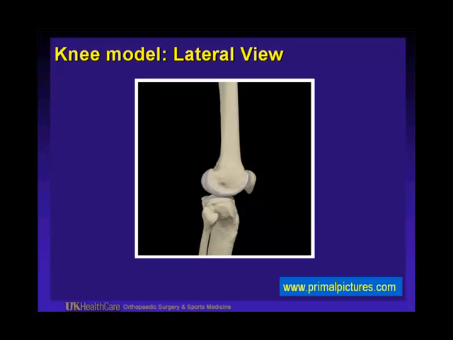Looking at the lateral side of the knee, take the patella away, add the menisci, add the interosseous membrane. Add the lateral collateral ligament, popliteus muscle. Again, this is an intra-articular tendon.